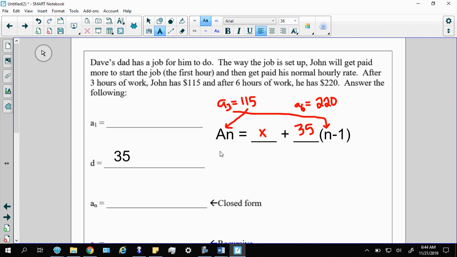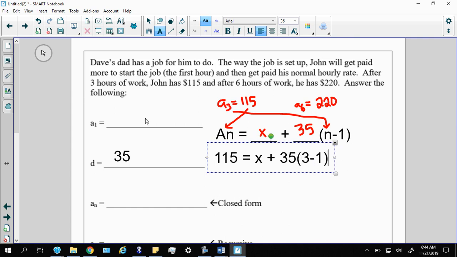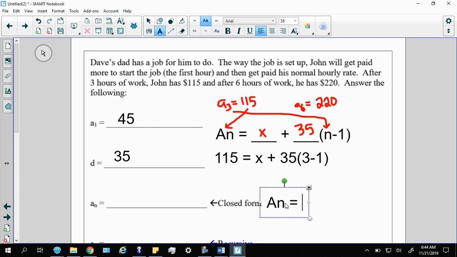So 115 is equal to x plus 35 times 3 minus 1. The first term ends up being 45. So 45 plus 35 times n minus 1, simplify that.